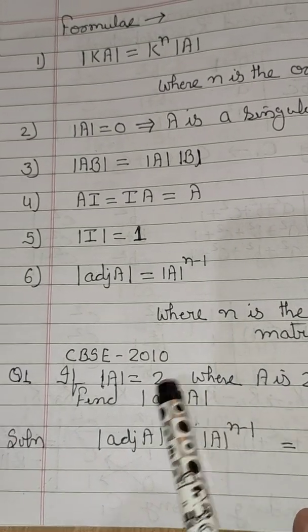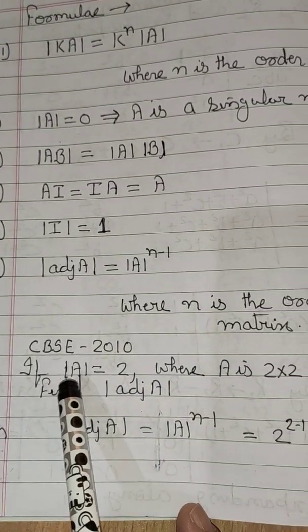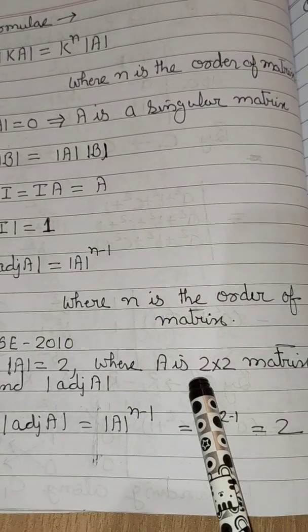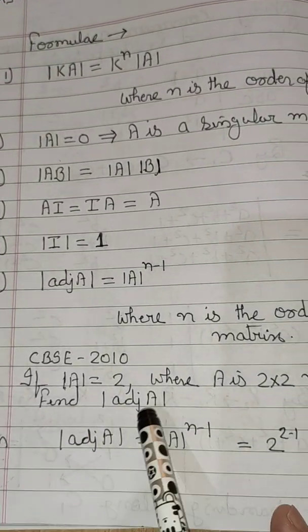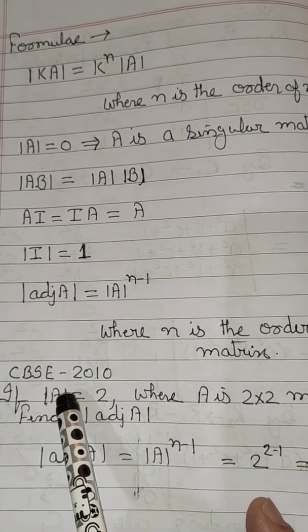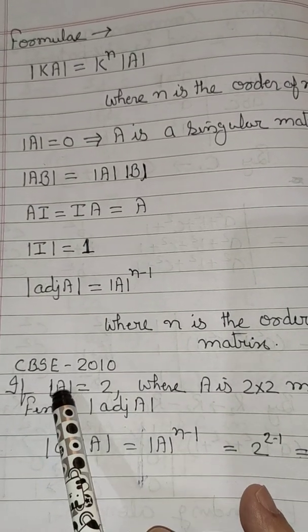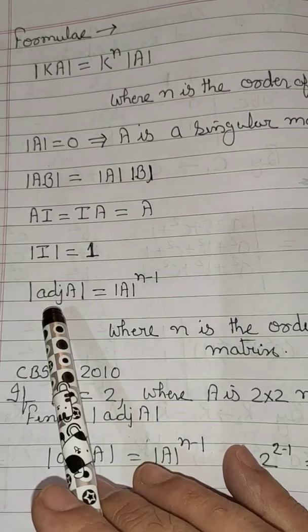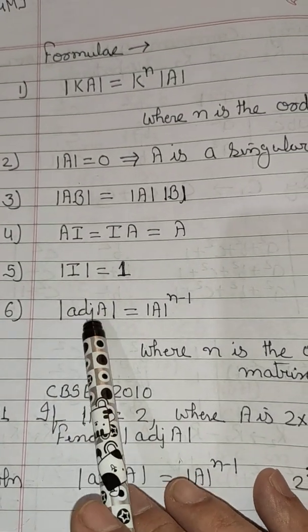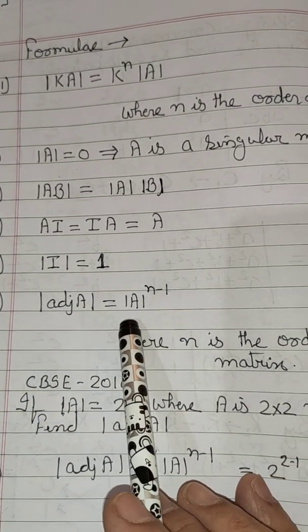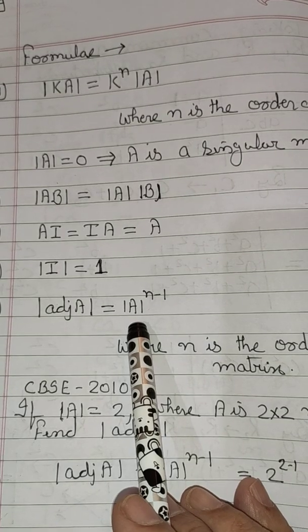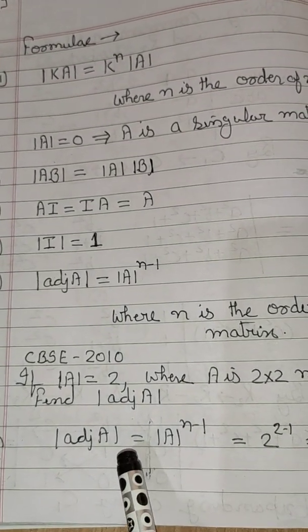In 2010 this question came, question number 1: if determinant A is equal to 2, where A is a 2 by 2 matrix, find the determinant of adjoint of A. What is the relation between the determinant value of adjoint of A and the determinant value of matrix A? Observe formula 6. Determinant value of adjoint of A is equal to determinant value of matrix A raised to the power n minus 1.